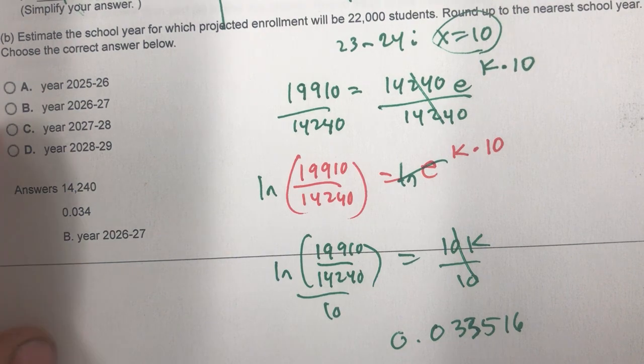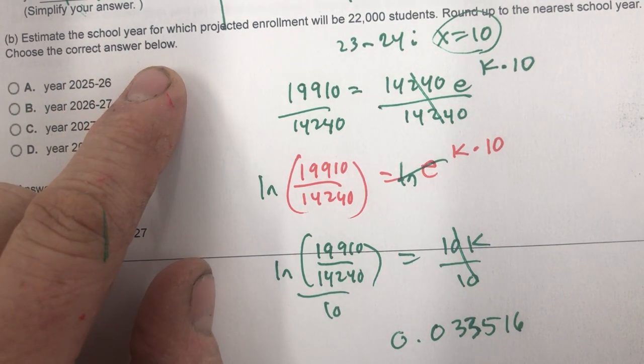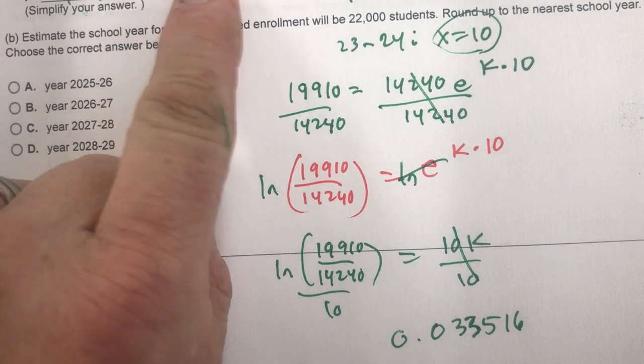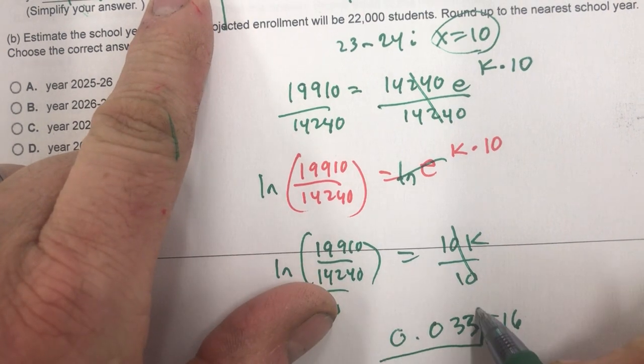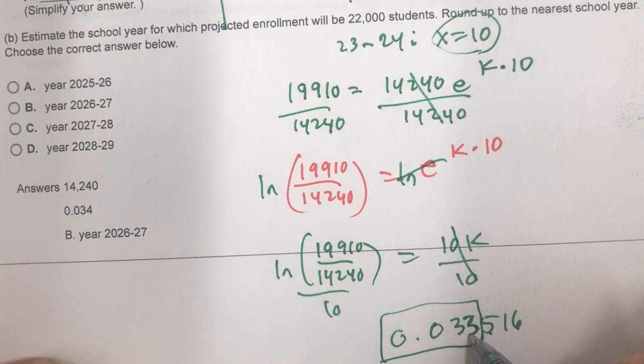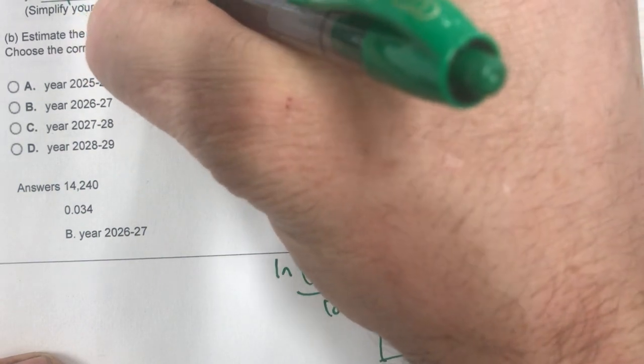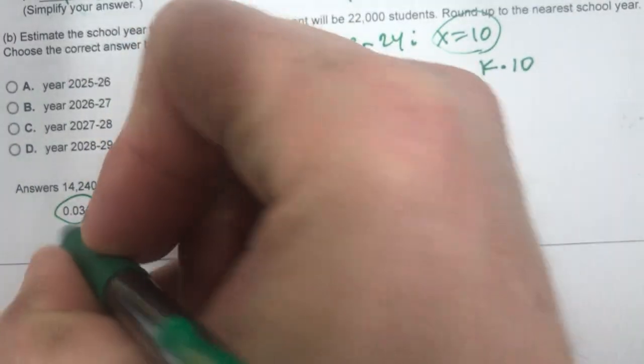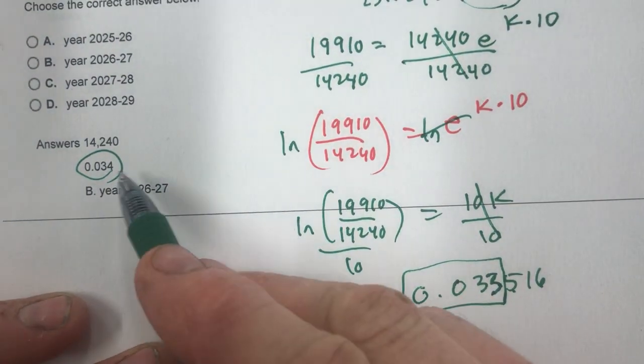We want three decimal places, so the 5 makes the 3 go up to a 4, so 0.034. And there you go. We got that right.